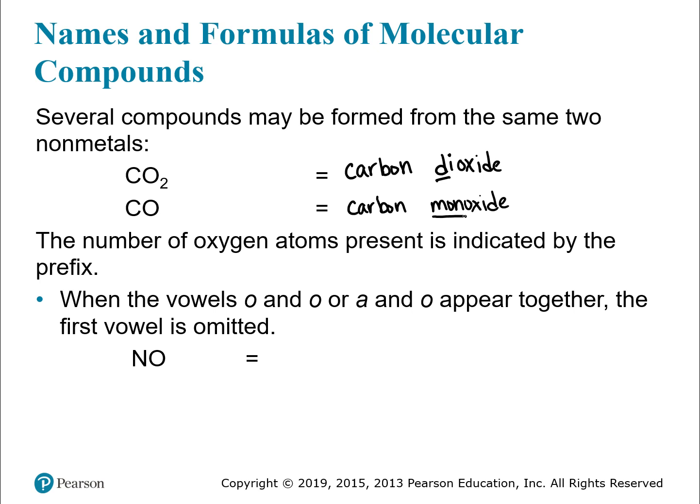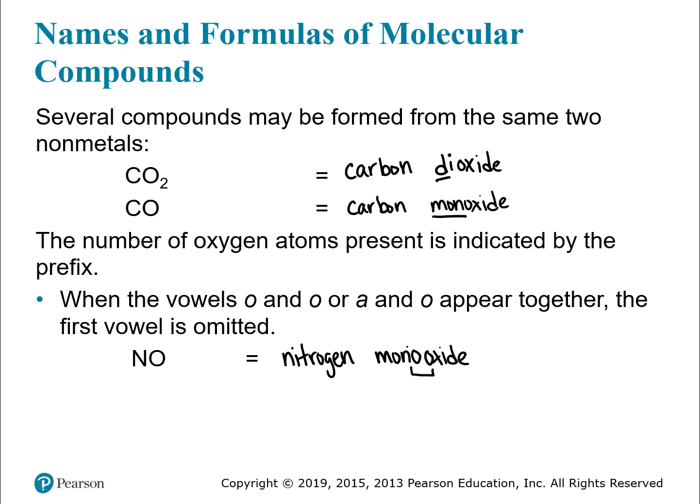And when you have two vowels together, like O and O or A and O, you omit the first one. So usually that comes up when you're doing monoxide or pentoxide. You name the first element, nitrogen. We've got mono because there's one oxygen. But you don't write monooxide, okay?